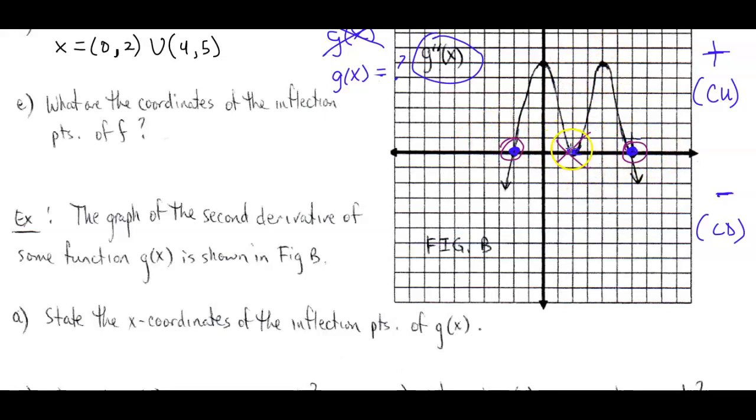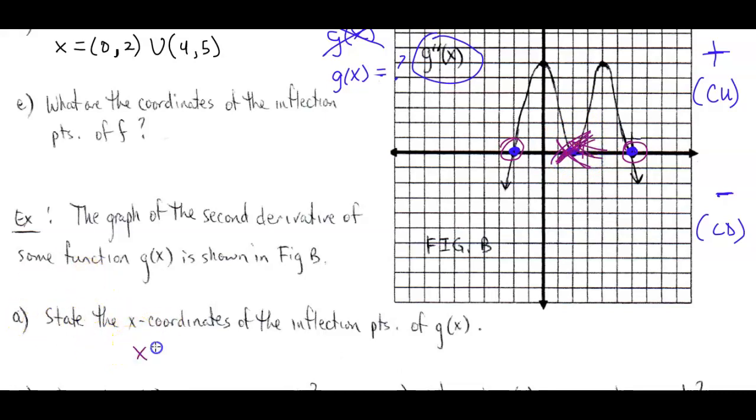This one in the middle doesn't work because if you remember, we have to actually have a change in concavity, meaning we have to go from below the x-axis to above the x-axis, or above the x-axis to below, okay? Here we went from above, hit the x-axis, and went back. So there's something going on here, but it is not an inflection point, okay?